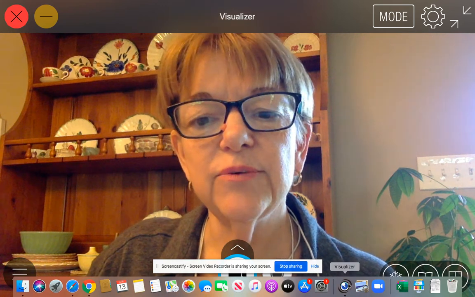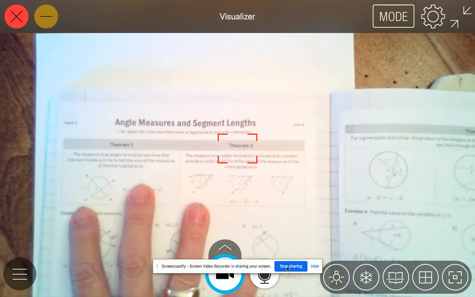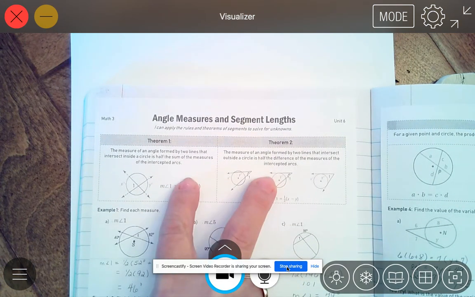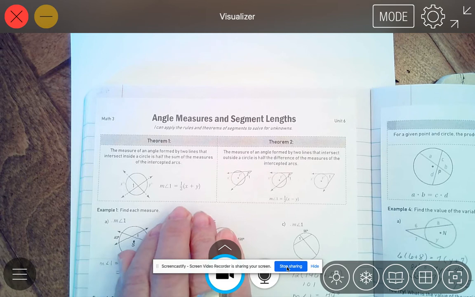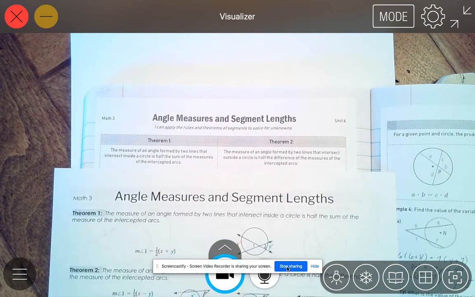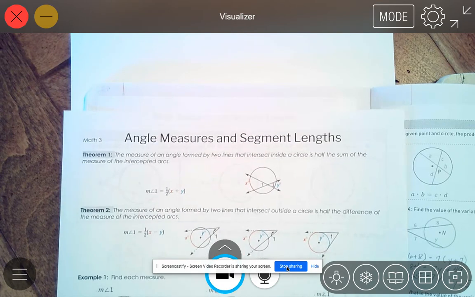The first thing we have is the angle measure and segment lengths.